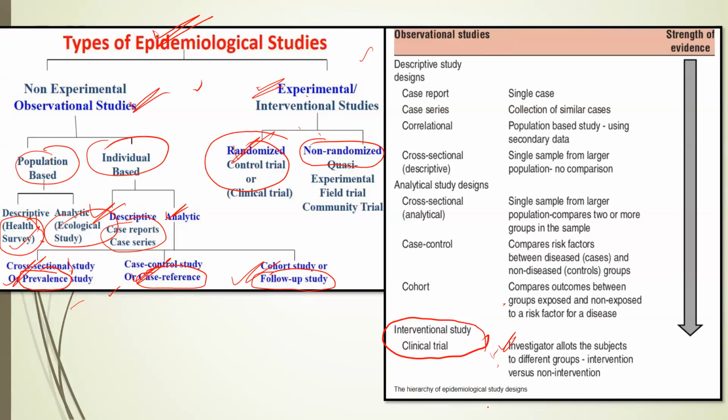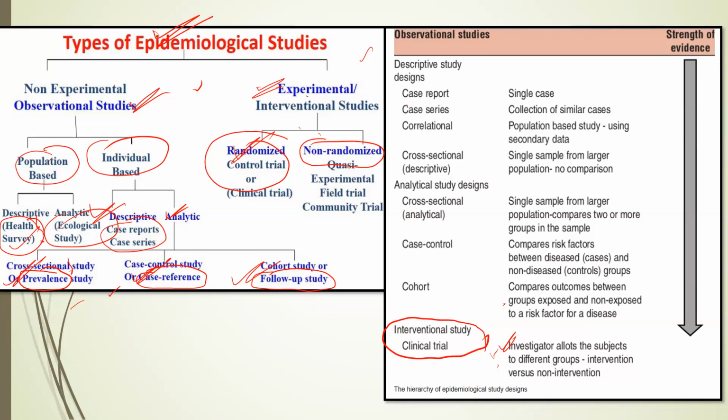Okay, that is, they don't know anything about each other, no details are shared. And then the investigator will randomly allot the subjects into different groups, and that is basically interventional and non-interventional group. And then the study is conducted.